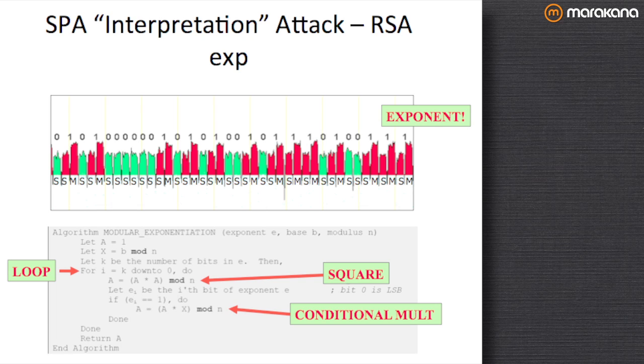The way that this RSA decode works is it goes through every bit in the key. And for every bit, it does a square. In this case, it's a 1024-bit square. And then if the current bit is a 1, it also does a multiply.